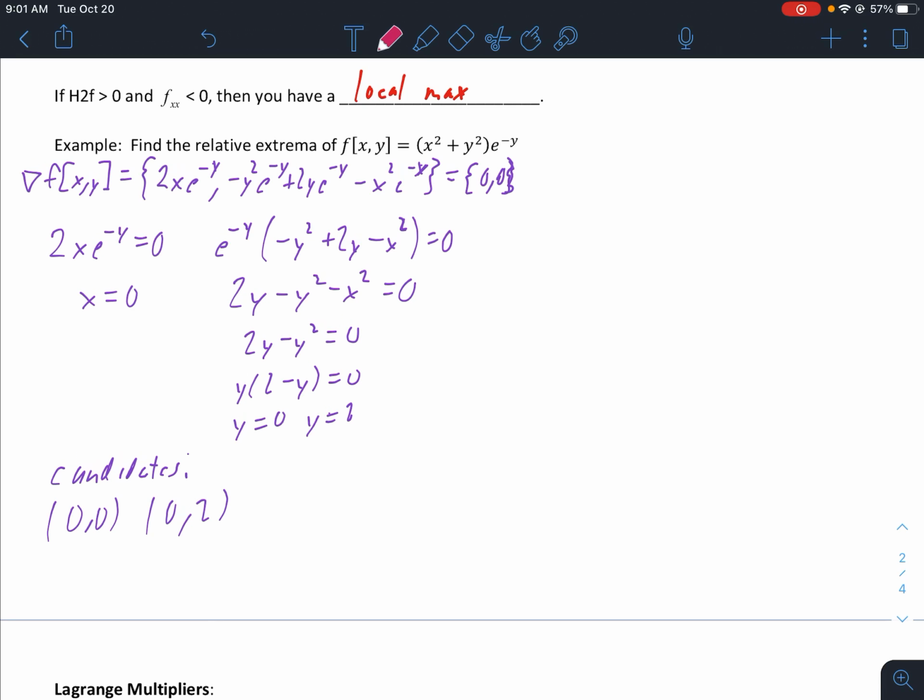So let's find the Hessian determinant of that. So our Hessian, that's subscript 0, 0 there. Sorry for the bad handwriting there. We're going to have to find that. So what we're going to do is take the second partial derivative.